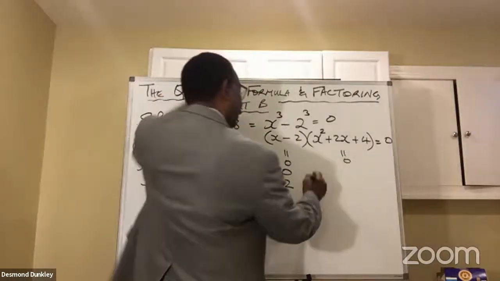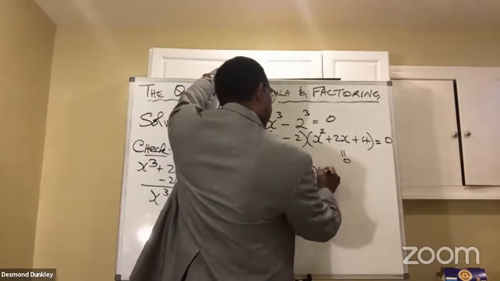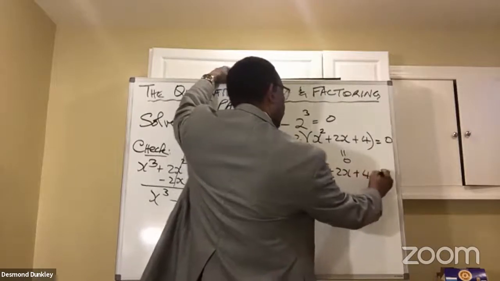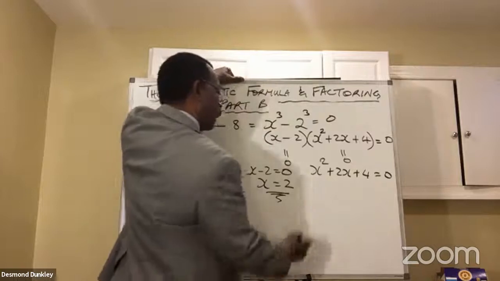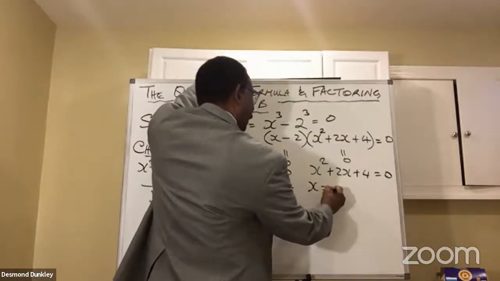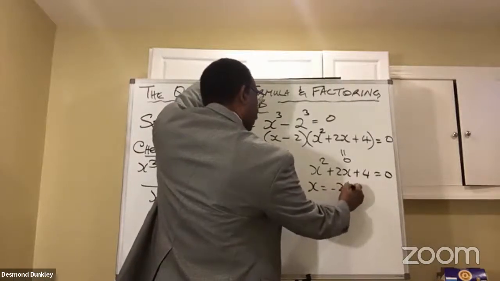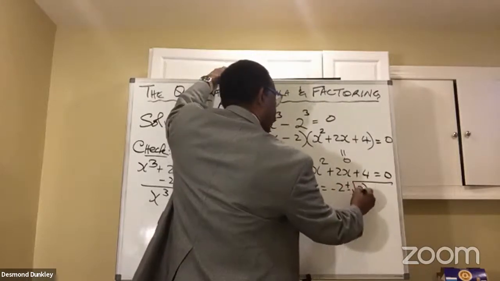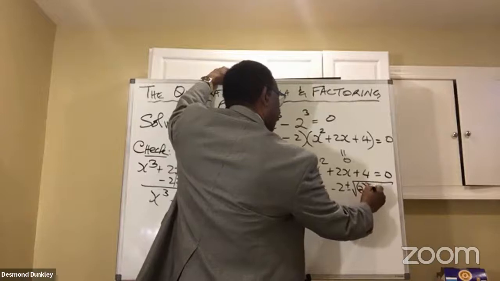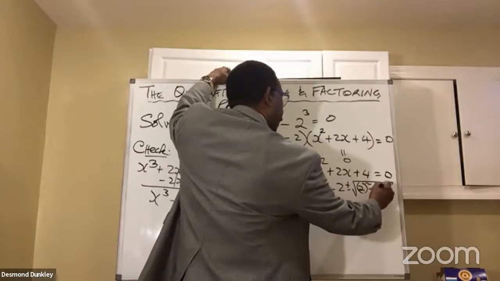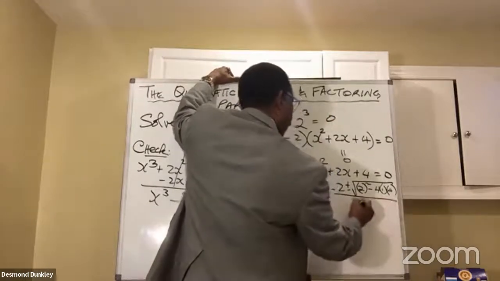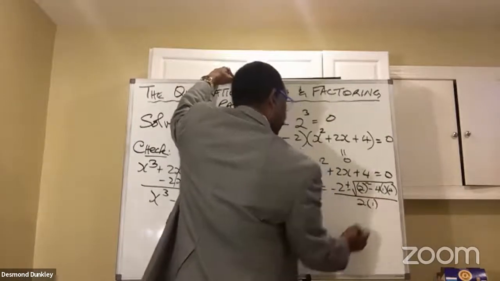So you end up with x squared plus 2x plus 4 equal to 0. And then therefore, x is equal to minus 2 plus or minus the square root of 2 squared minus 4 times a and c, all over 2 times a.